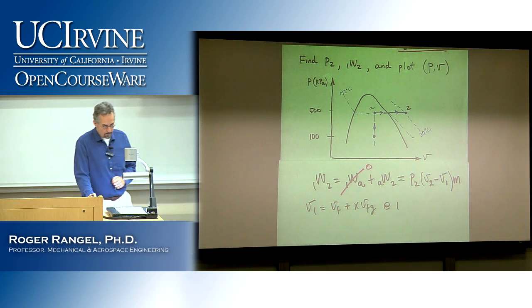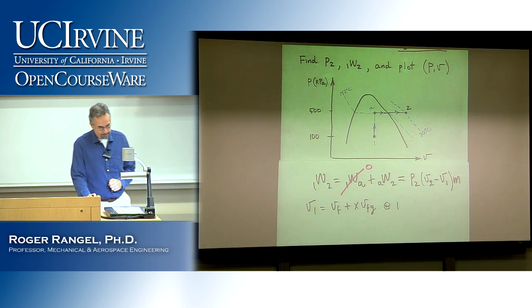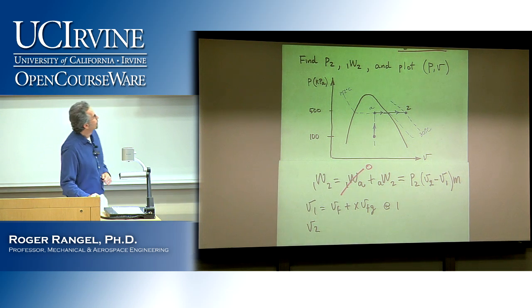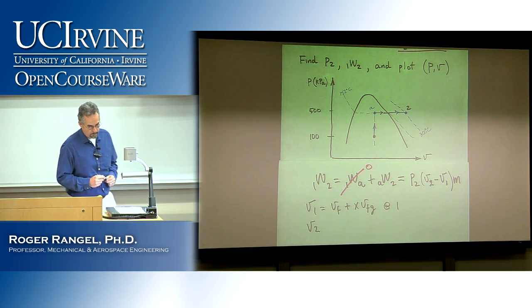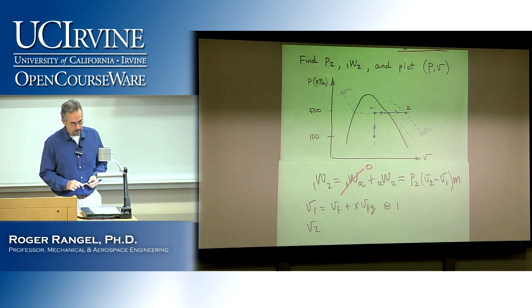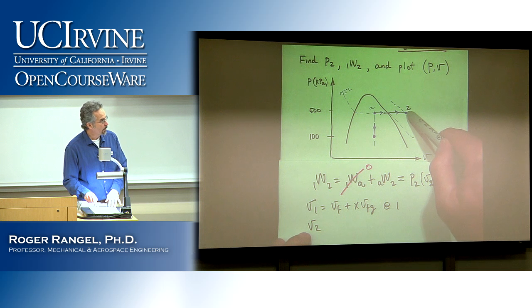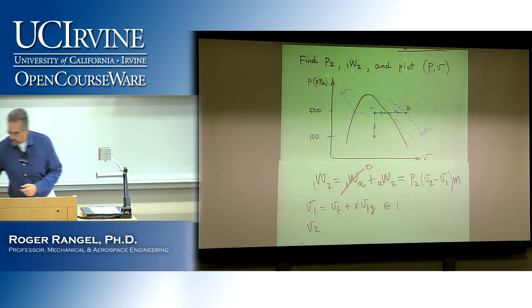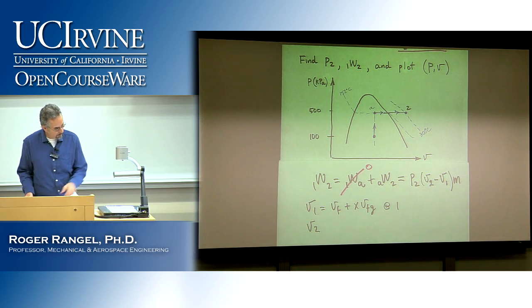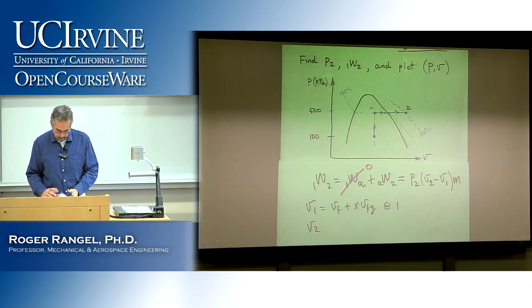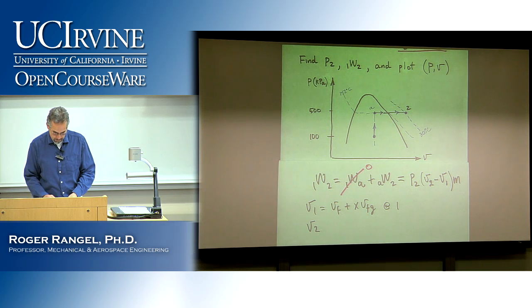And our V2? How do I find V2? We know it's superheated vapor, right? So we will have to go to the superheated vapor table, and we know it is at 500. So I go to B13 and look for 500.